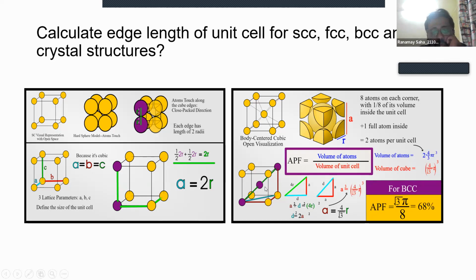Then you have an atom in the mid and 2 atoms in the corner. So you have twice radius of one atom at the mid and half the dia, I mean r plus r, for the 2 atoms in the corners. The total is 2r plus r plus r, which is 4r, represented by this green line. And this one length is edge length A. And then this blue line, let's suppose this is a diagonal of length D.